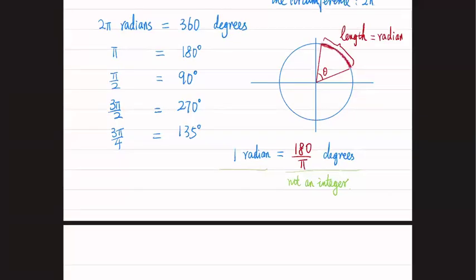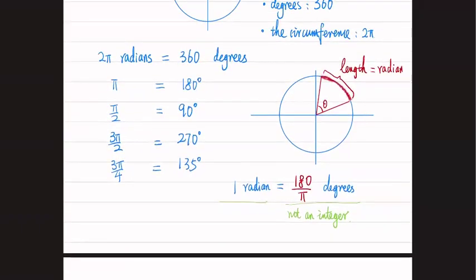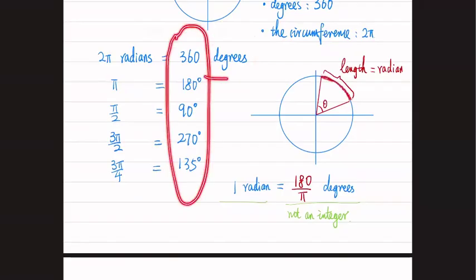So now we have two systems. One is the degrees, one is the radians. Previously, we were using the degrees all the time.